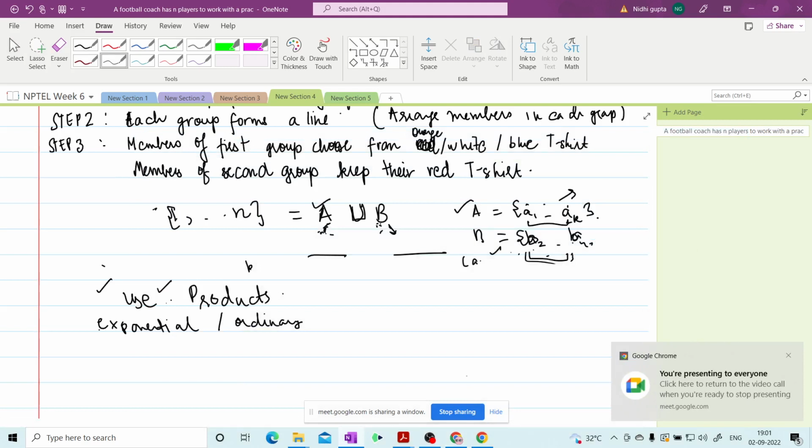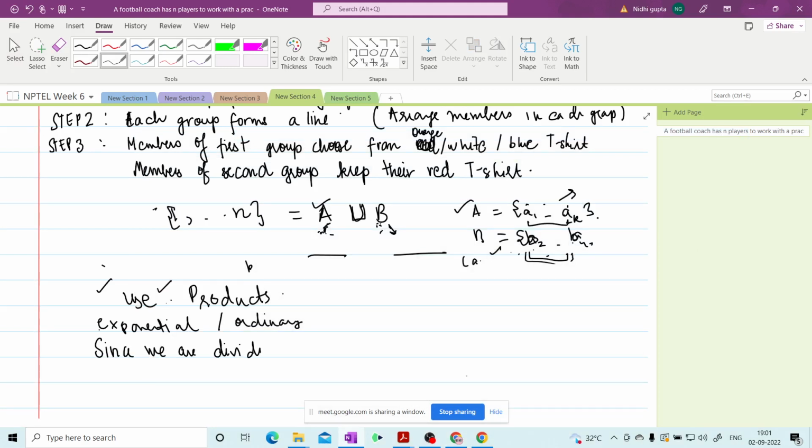Since we are dividing it into 2 groups, we'll use exponential generating functions.